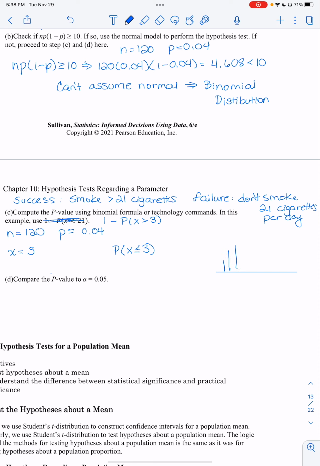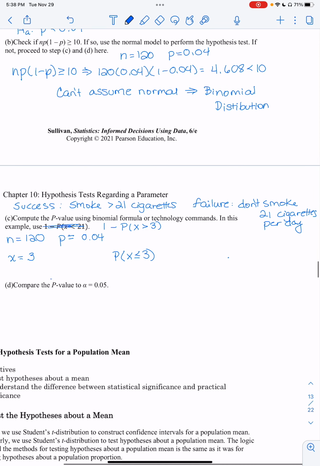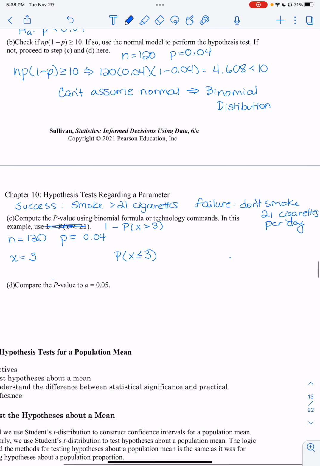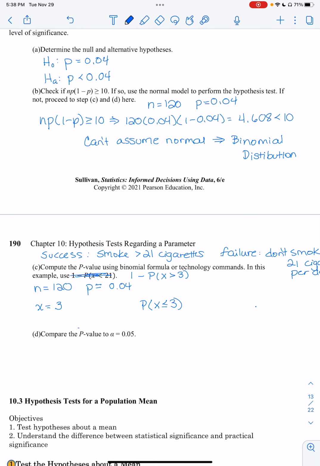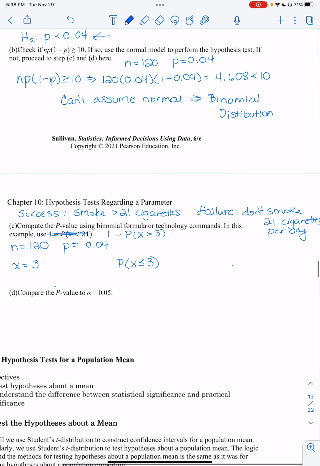Because I'm probably skewed somehow. It's because p is little, and we'll take a look at the distribution actually in a minute. So I'm looking for the probability that it's less than or equal to 3, and that largely comes from here, where my alternative hypothesis is less than, okay?